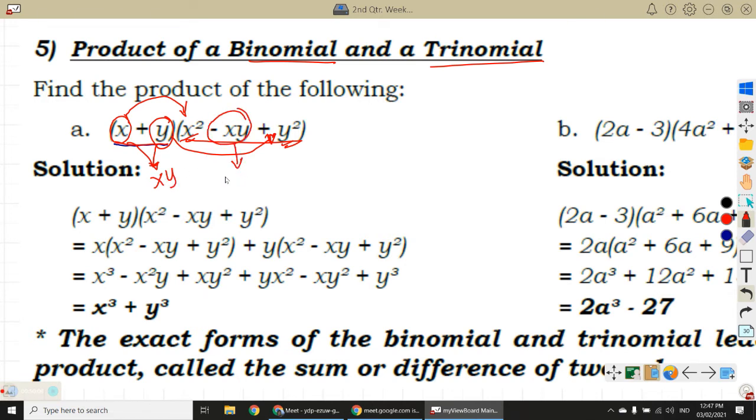If the middle term is the opposite sign, if this is positive, this is negative. Therefore, we have a product of binomial and trinomial. Okay? Ano naman sir kung nakita namin na product of binomial and trinomial? Gaano kadali yung gagawin namin?